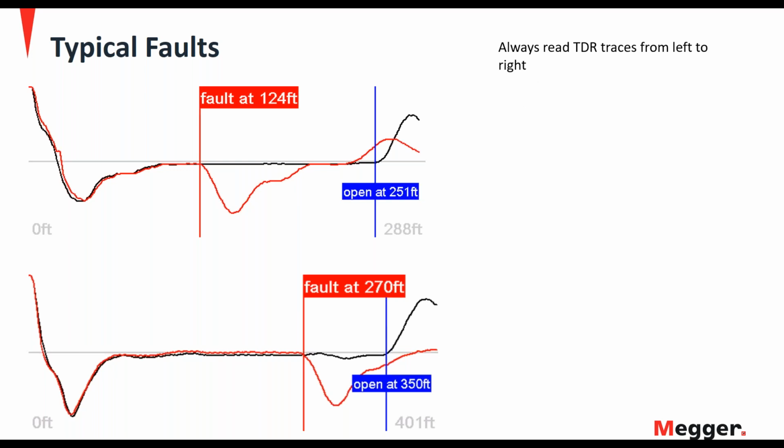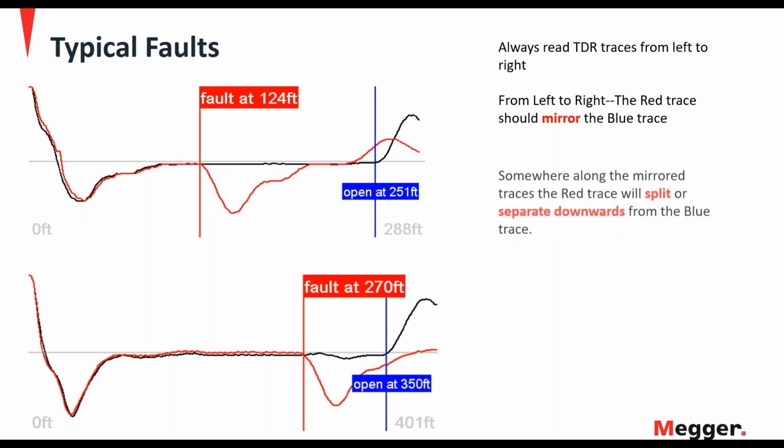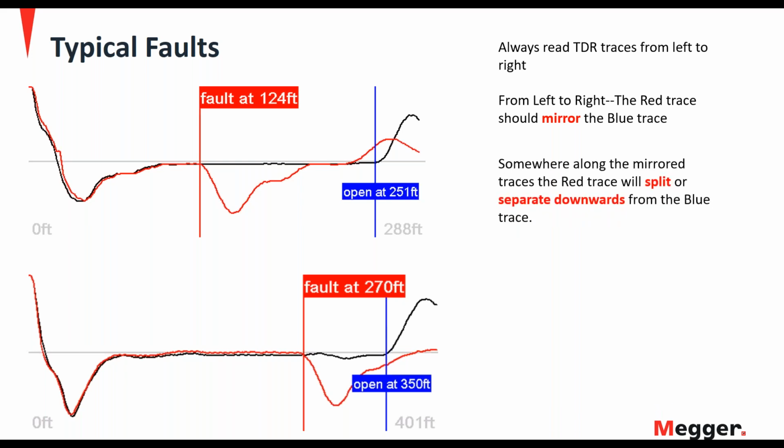To do that, we're going to read the radar trace from left to right. And what we're looking for is a mirror effect where the red trace should mirror the blue trace from left to right. And then somewhere along the trace, the red trace will split or separate downward from the blue trace.